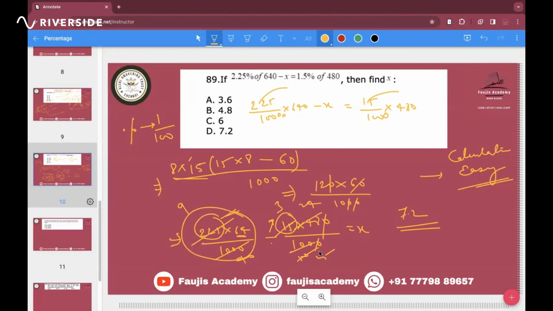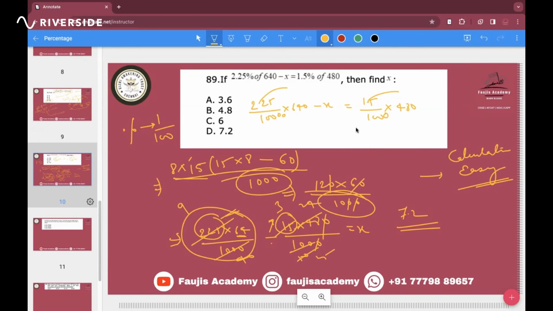Am I right or not? Tell me, yes or no? Yes, it would have made your calculations much more clumsy. What we did, we just made sure that the denominators are same, and we just went ahead with all the calculations. And at the last, we used the denominator, right?